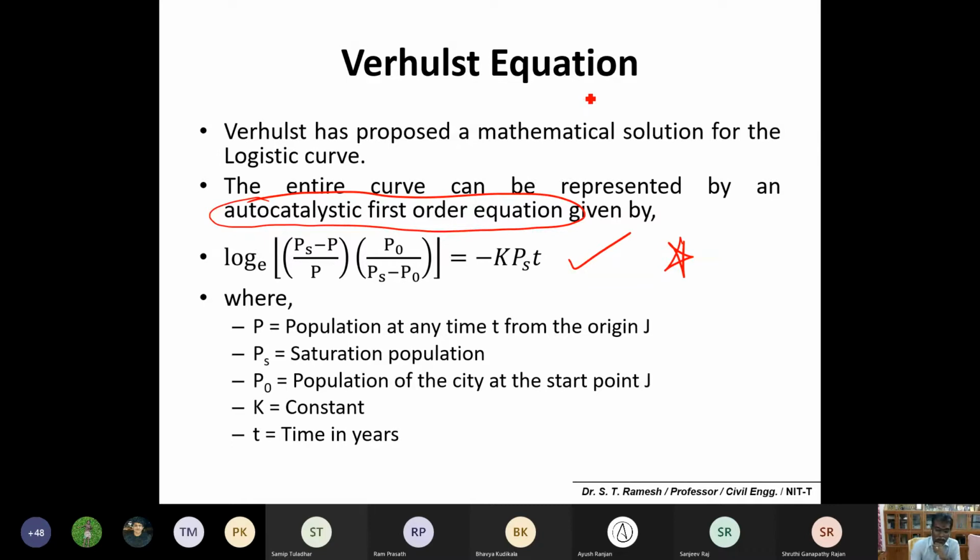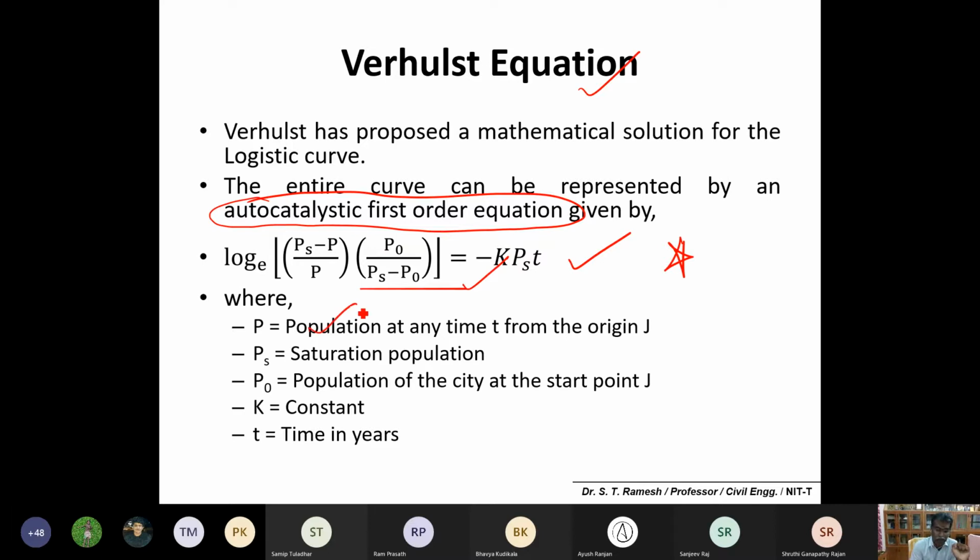Just remember either the Verhulst equation or the autocatalytic first order equation as the mathematical solution for the logistic curve. It is represented by the following equation. You need not worry about the basic derivation, how it came; that is the mathematical part, but just remember this equation: log to the base e of (Ps minus P) divided by P is equal to P0 divided by (Ps minus P), which is equal to K into Ps into t.